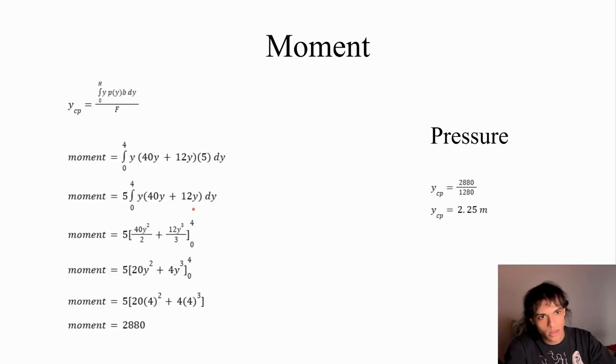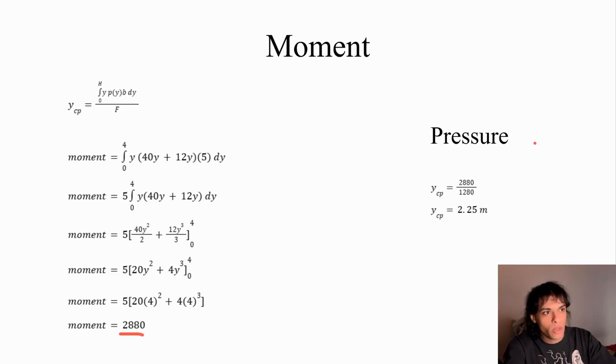Now it's y squared and y to the power of 3, right? And so we take the integral of those. So it's quite simple. Same thing here. So over 2, over 3, and then we simplify it. We substitute the 4 and the 0, and we get the final moment, which is 2,880.